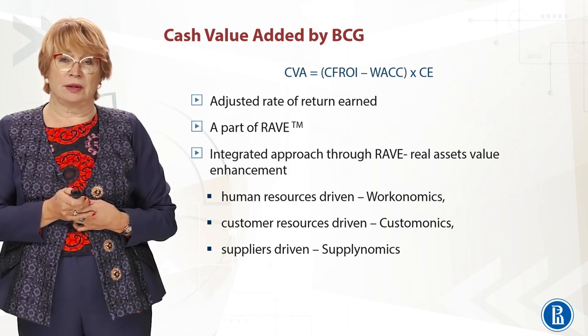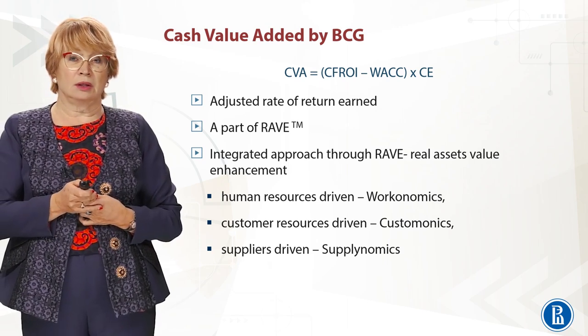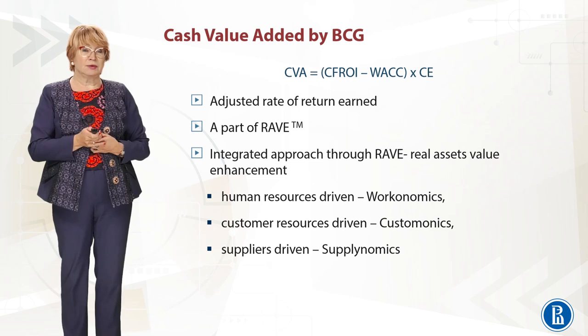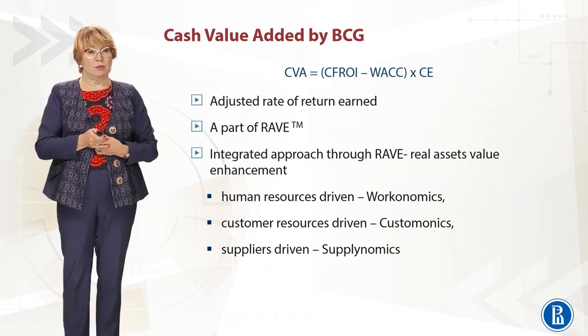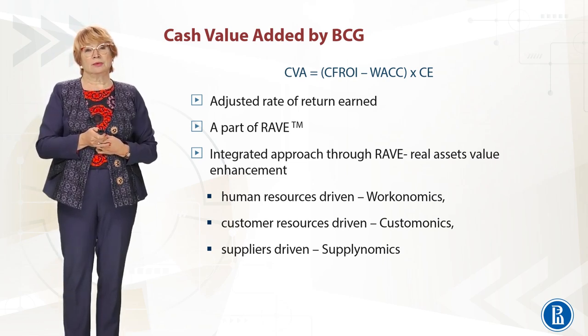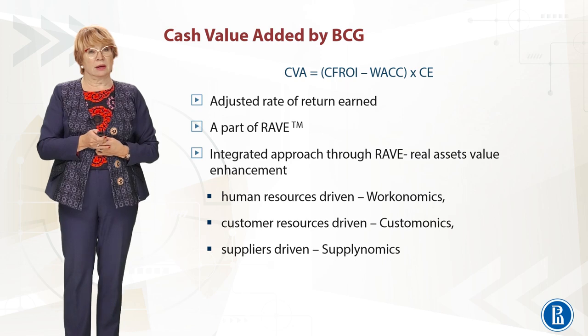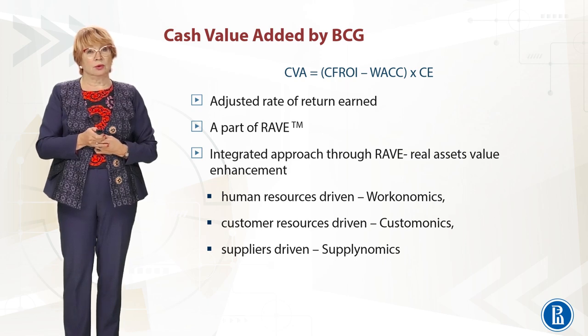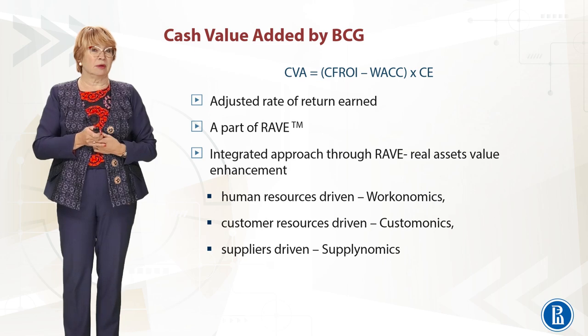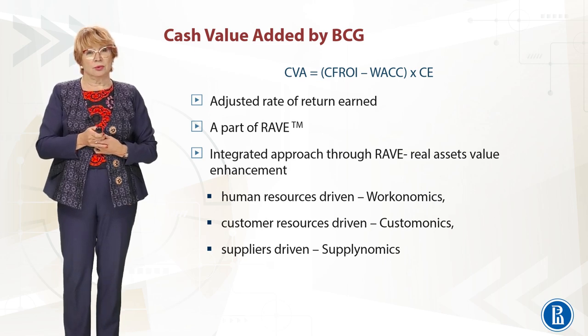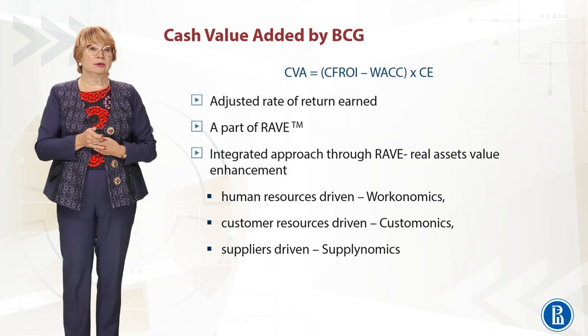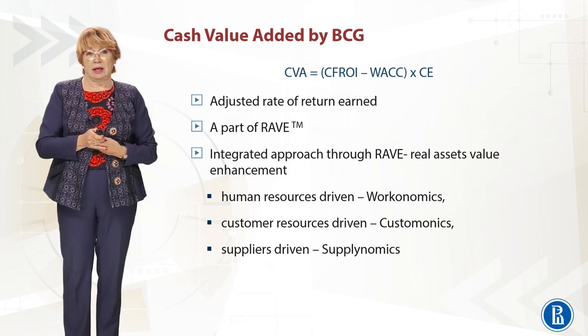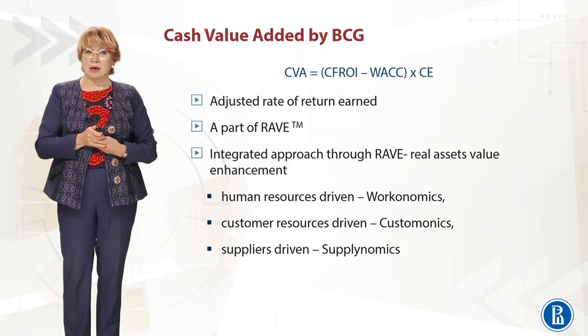The approach that this global consultancy company applies to push forward the value-based management style and mode of thinking in many companies all over the world is related to a very specific form of calculating the economic profit of the company. It's called cash value added, or CVA.